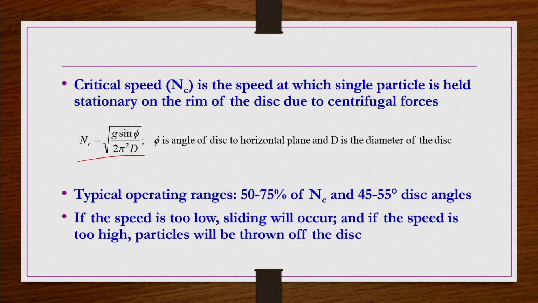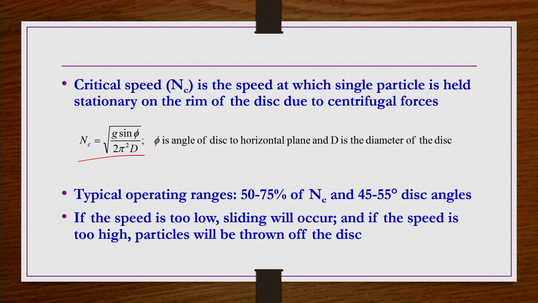If the speed is too low, as I mentioned, sliding of the particles will occur, and if the speed is too high, then particles will be thrown off the disc. So, that is the reason we need to have a proper critical speed. It should not be too small compared to the requirement, and it should not be too large compared to that critical speed.